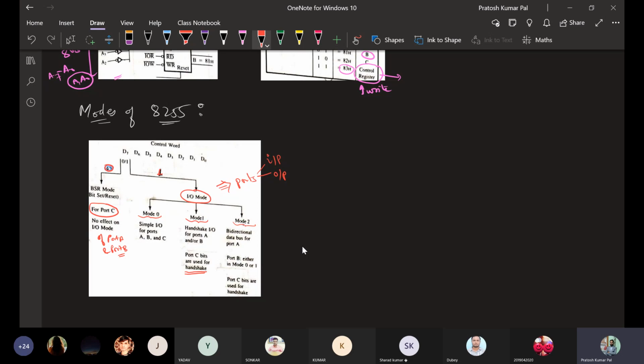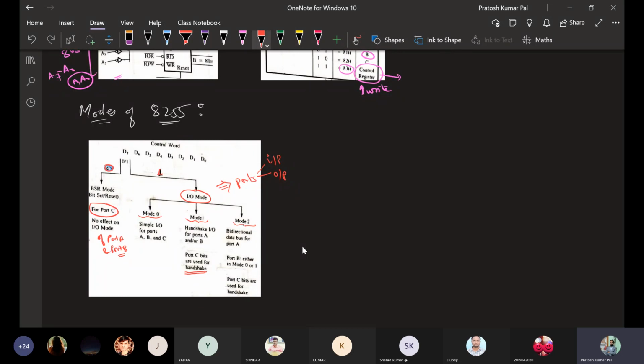We have already seen what a handshake signal is. When we say INTR, an interrupt is sent, and INTA, an acknowledgement, is sent by the microprocessor to the external device. Before communication, some interchange of signals takes place.